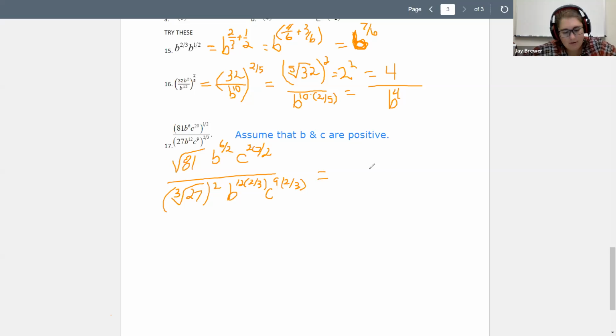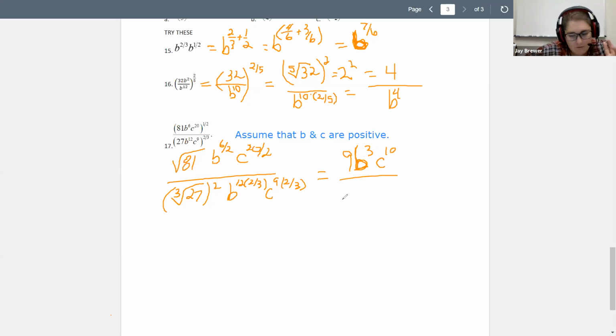Okay. Square root of 81 is technically plus or minus 9. We're just going to go with 9. B to the 6/2 is just b cubed. And, oh, sorry, not C. I apologize. I must be getting tired. Good thing it's the last problem, guys. And then c to the 20th over 2 is just c to the 10th.